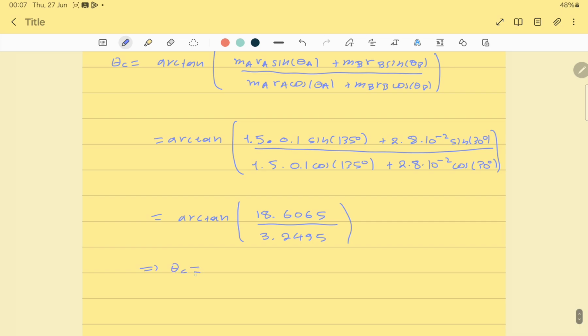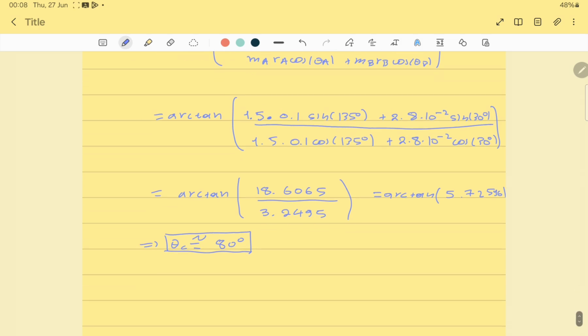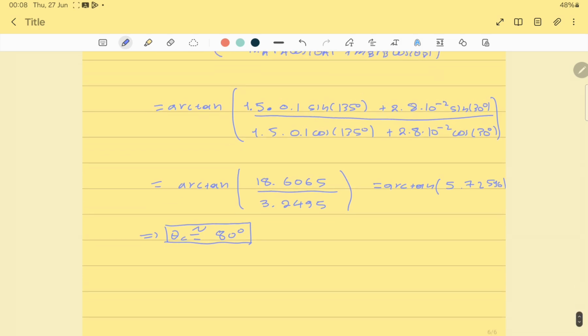So if you use your calculator, if you do this division here, it is 5.72596. You use your calculator and you get that the angle is approximately 80 degrees. So the angle is approximately 80 degrees.